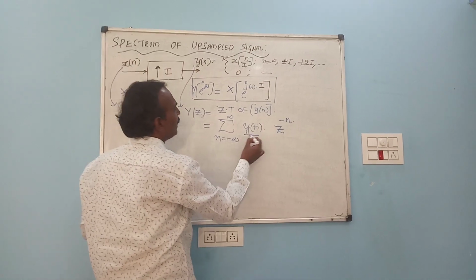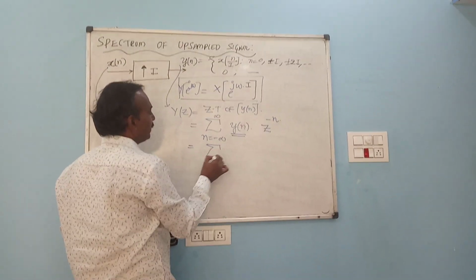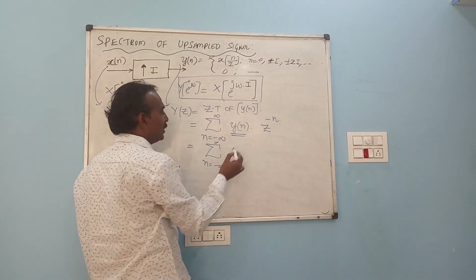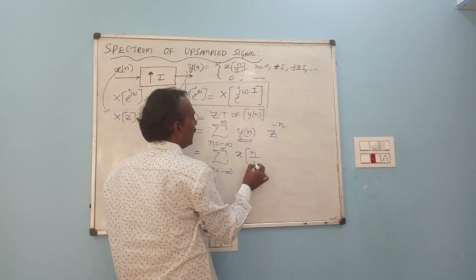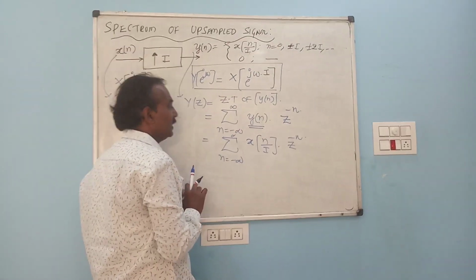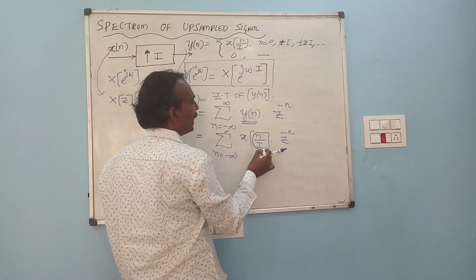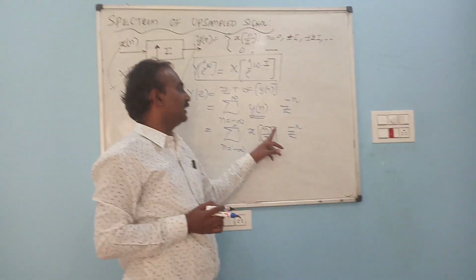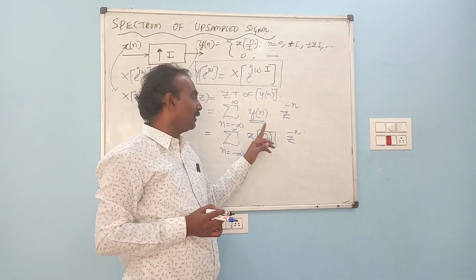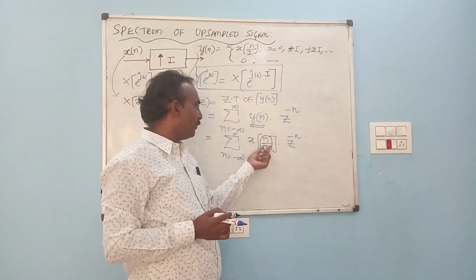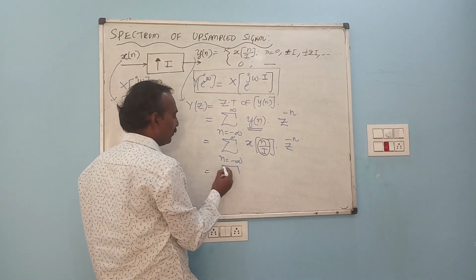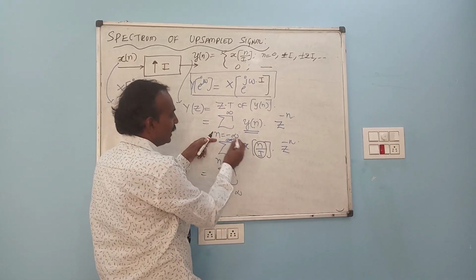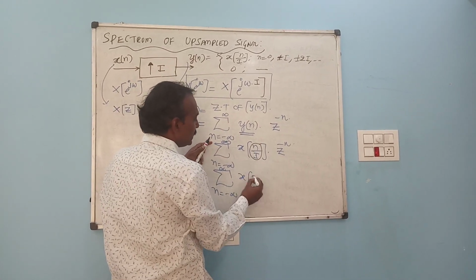Now we wrote the relation between y of n and x of n: y of n is x of n by I. So I can replace y of n by x of n by I. Earlier in decimation we got n into the decimation factor D. Now n by I, if I take it as a new variable, and since the limits are minus infinity to plus infinity, the limits do not change.